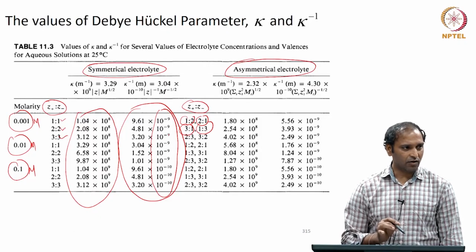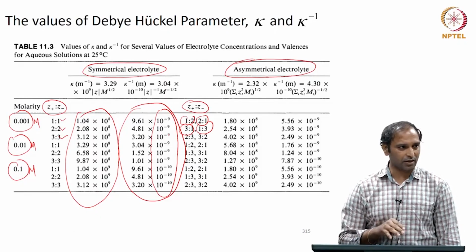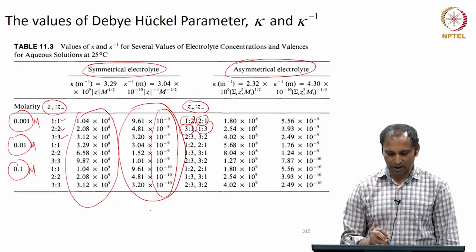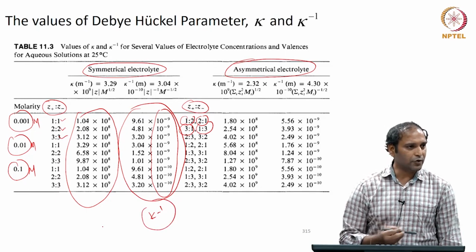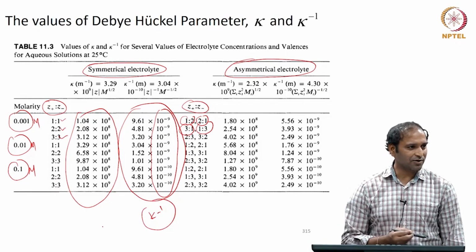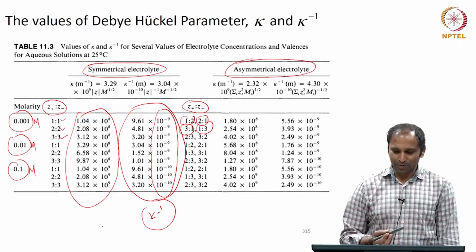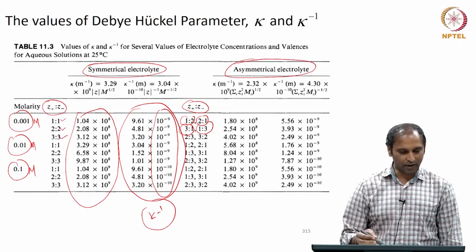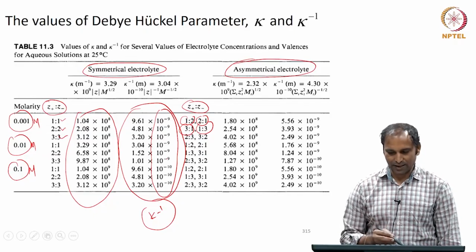That is important to keep in mind. Whenever you calculate kappa inverse, if you get values of microns or really large, that means there is something wrong with your calculation, because kappa inverse values are supposed to be in the nanometer size range.